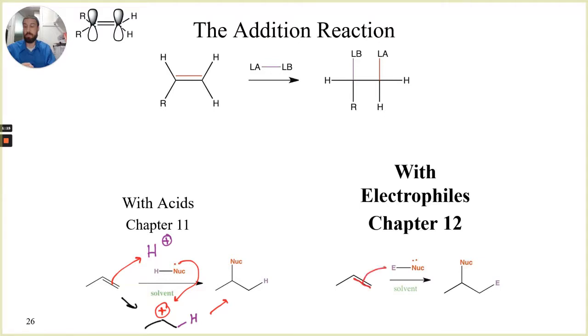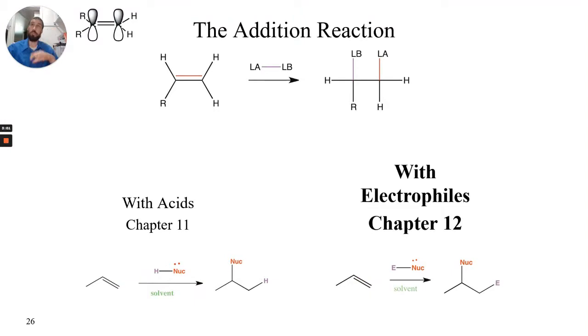The pi bond reacts with the electrophile, producing an intermediate where we would have the most stable carbocation at the secondary position, at least in this case. There's our electrophile, and our nucleophile comes in at a potential step 2, and we would have our product. The exact details of what happens depend very heavily on your electrophile and your nucleophile.